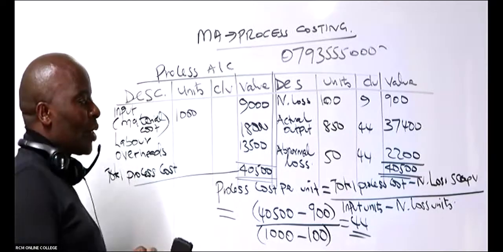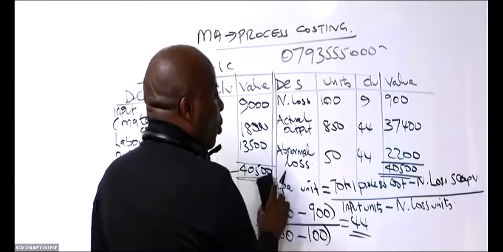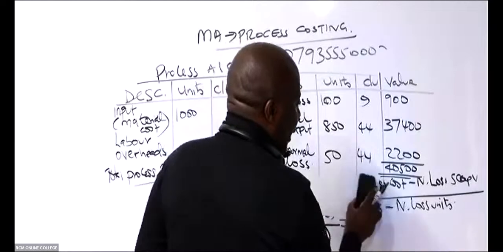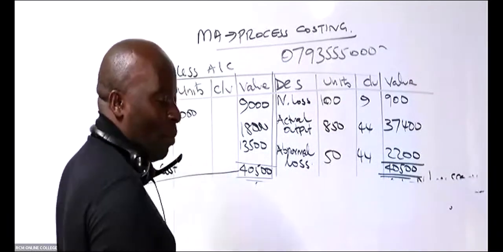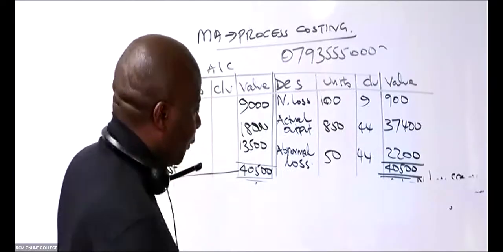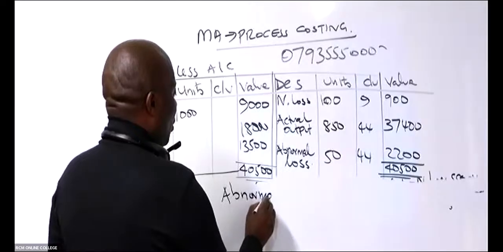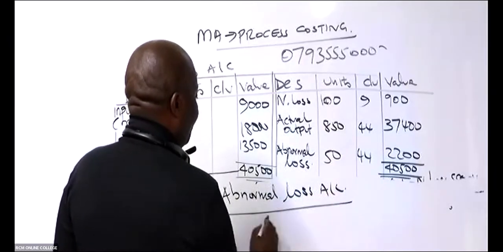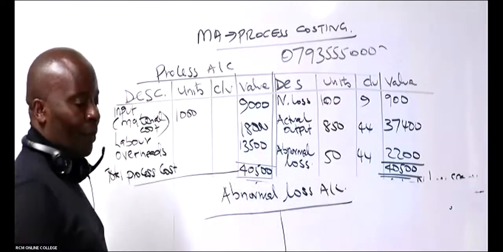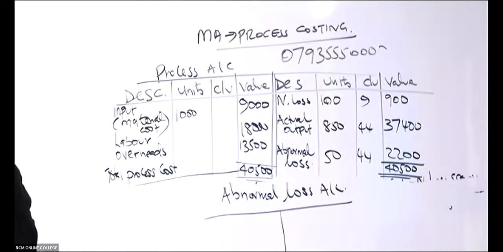And then please, the examiner will always ask you to do an abnormal loss account. So this abnormal loss account is a very, very simple account.